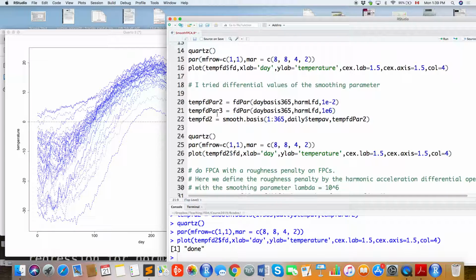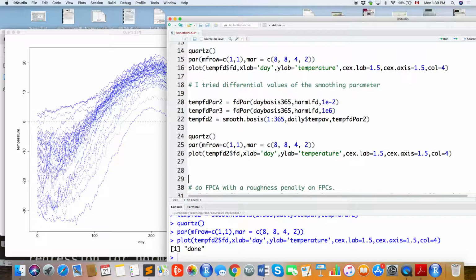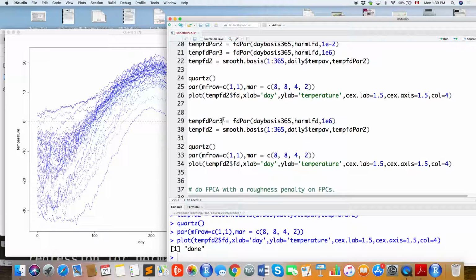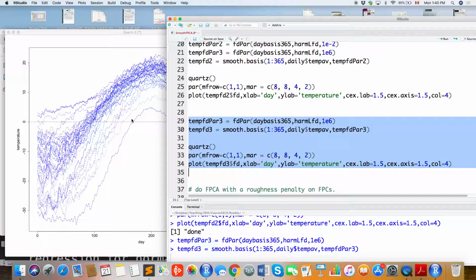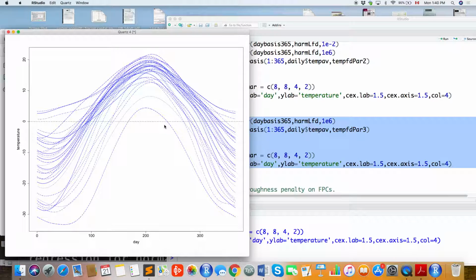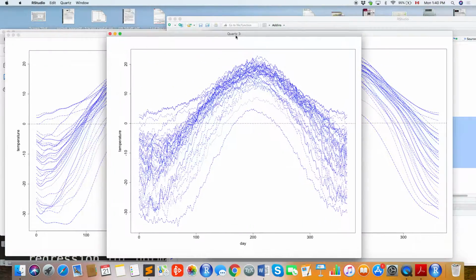And if we want to use 10 to 6 as the smoothing parameter, not surprisingly, we get a much smoother temperature curve, right?